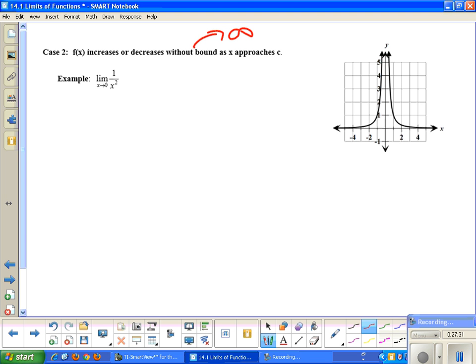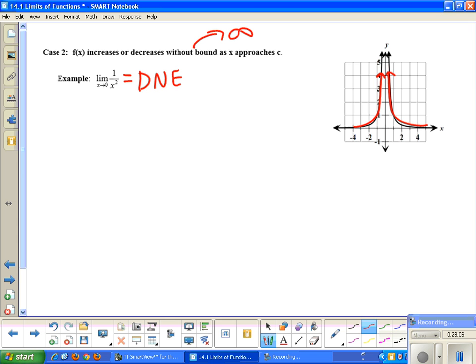So if we look at this graph right here, the limit as x approaches 0 for 1 over x squared, notice that as I approach from the right side and from the left side, our y values are going up to positive infinity. Because they're increasing without bound, that means that the limit does not exist, so we'll just write d and e.